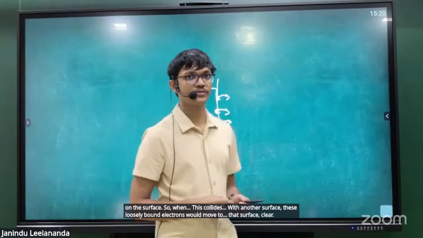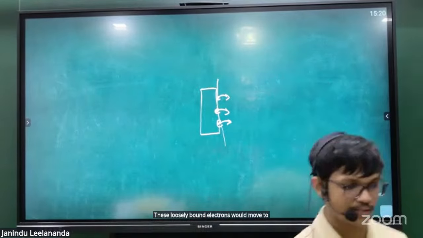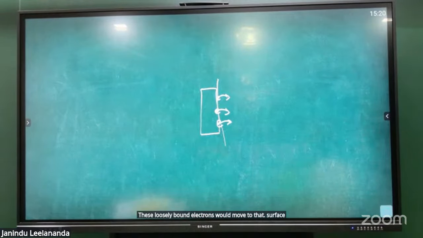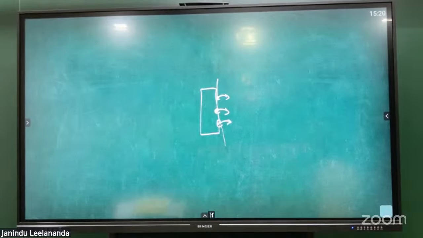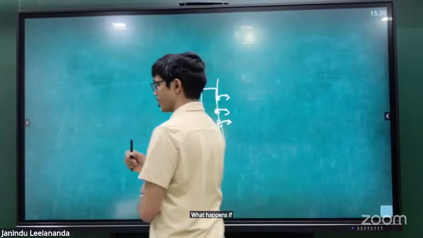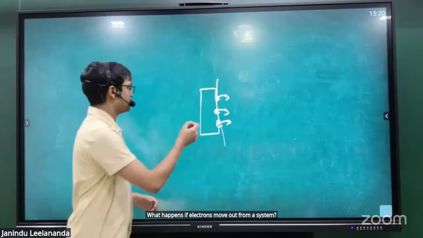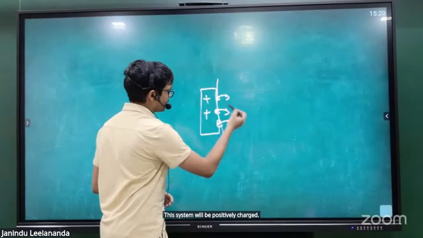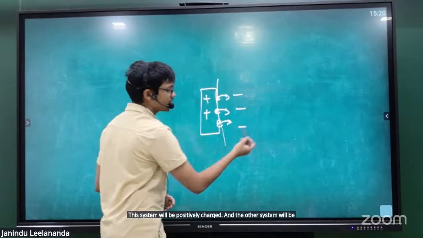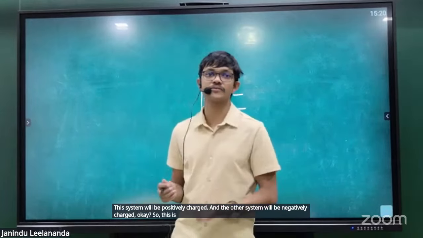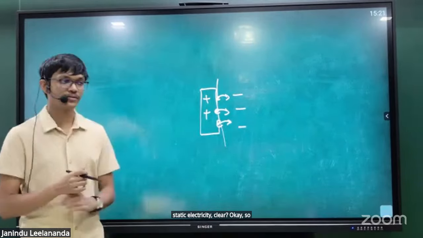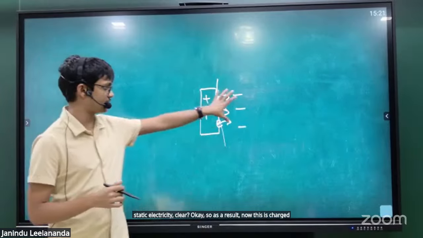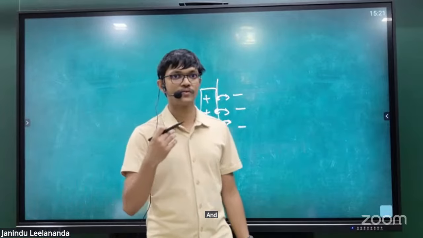If electrons move out from a system, what happens? This system will be positively charged and the other system will be negatively charged. So this is static electricity. That charge we call static electricity.